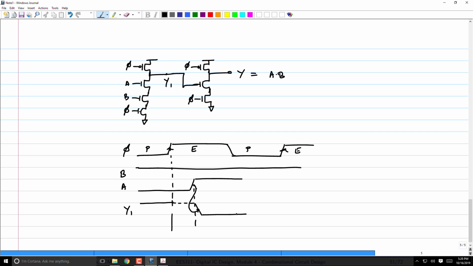Though my inputs A and B have adhered to that condition, Y1 has violated that condition. It's very obvious because the gates are inverting in nature. If I have monotone increasing, then the output is going to be monotone decreasing. And therefore, I cannot cascade two dynamic gates just like that. Right? This circuit will not work.